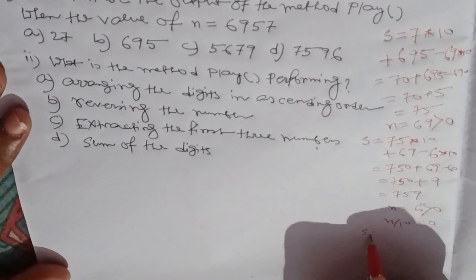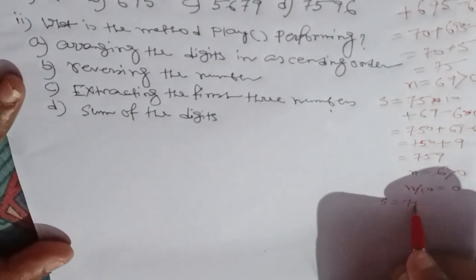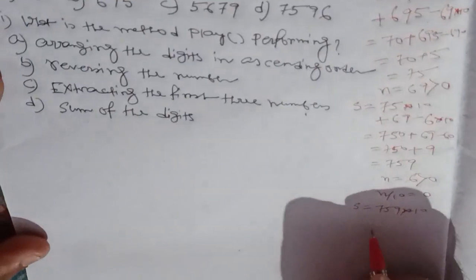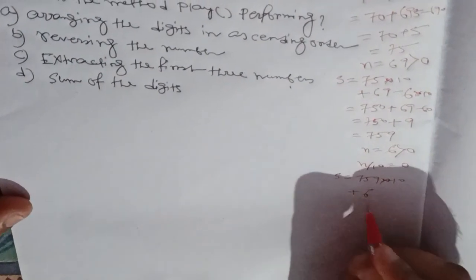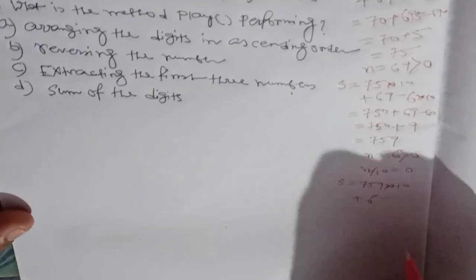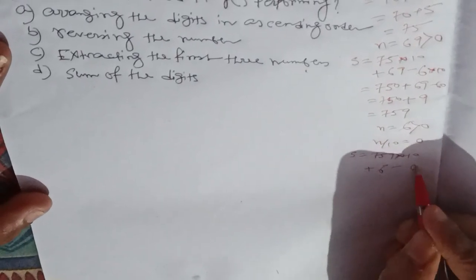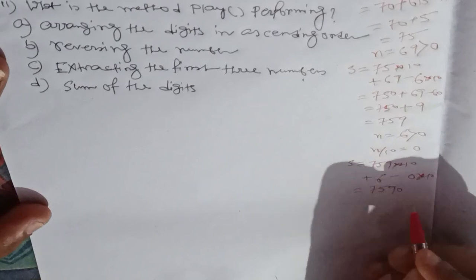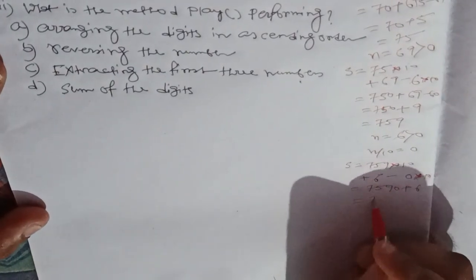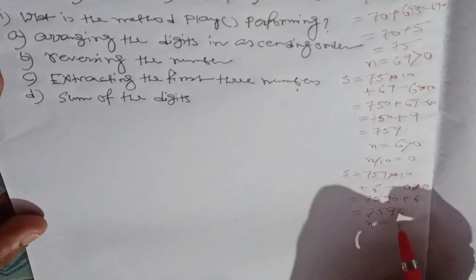So current value of s will be 759 into 10 plus n, that is 6, minus n by 10, that is 0 into 10. So it will be 7590 plus 6, 7596. Current value of n by 10 is 0.